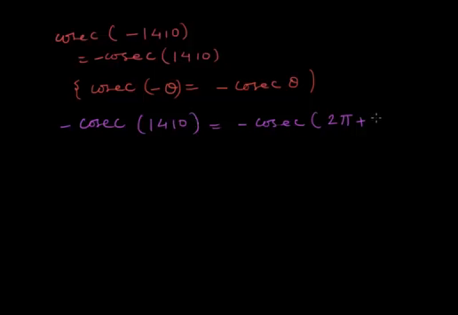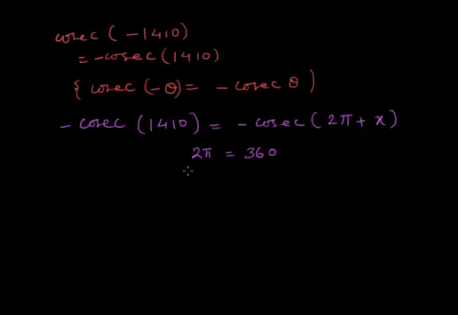So this x should be a value such that the sum of both of them should be 1410. We all know that 2π equals 360 degrees. We are looking for a value such that their addition equals 1410.